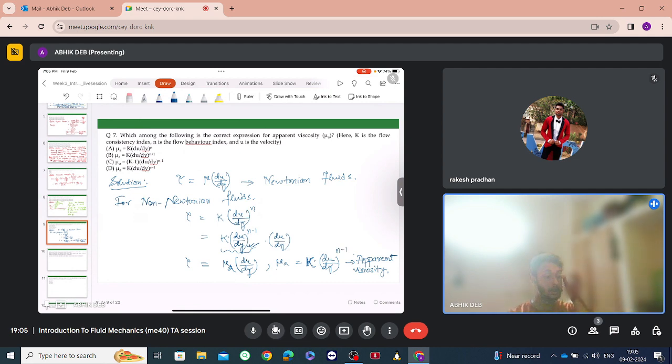So n is the flow behavior index and k is the flow consistency index. And this apparent viscosity also depends on the rate of deformation, unlike the Newtonian case, where the viscosity is independent of the rate of deformation. So the correct option here will be option number D.